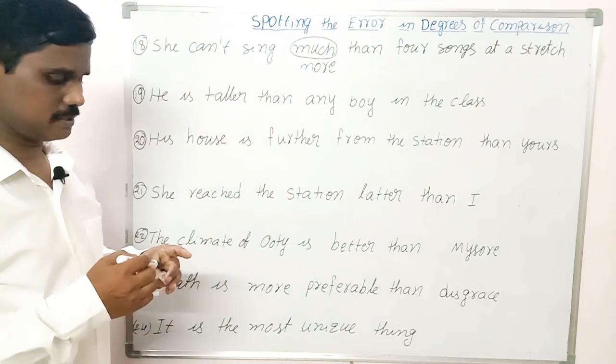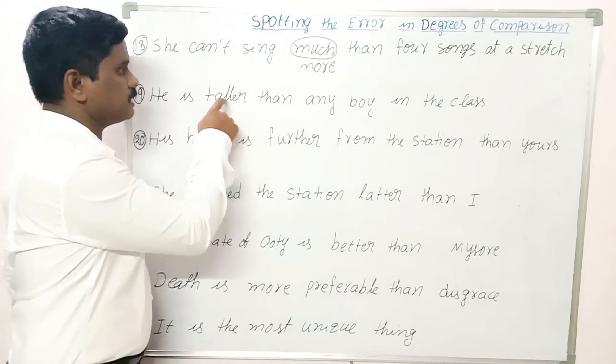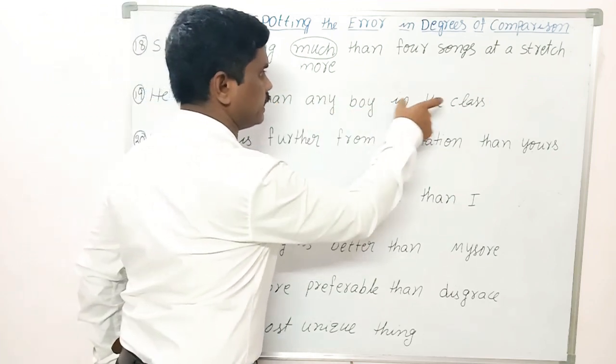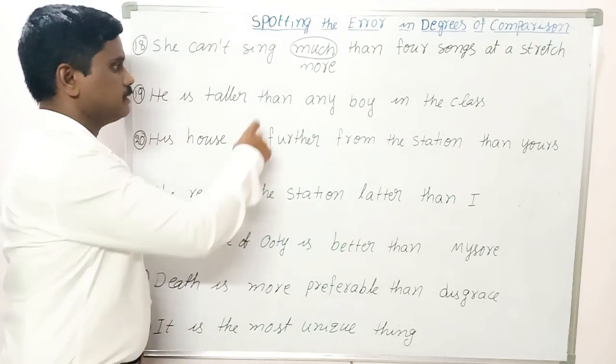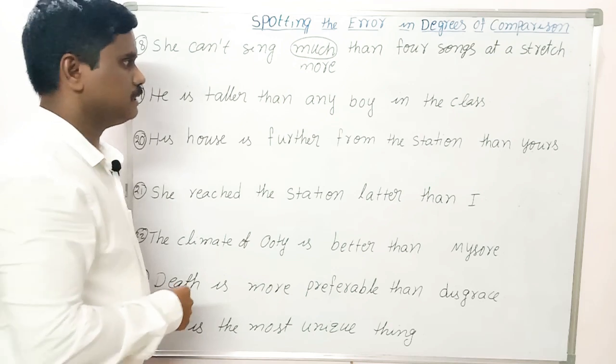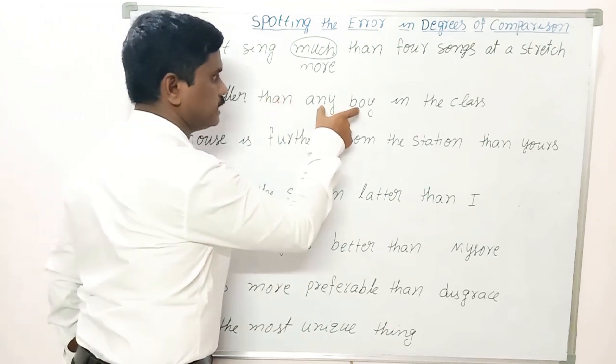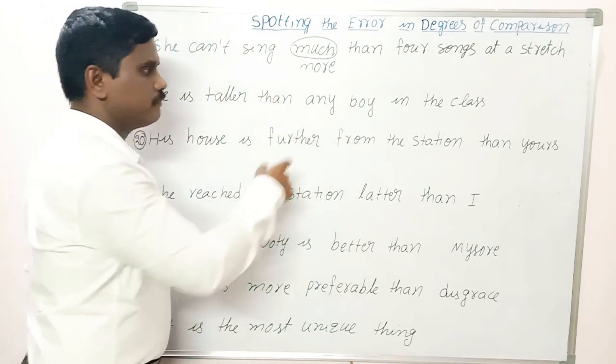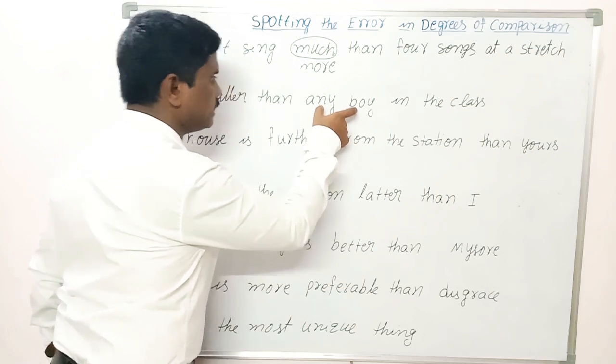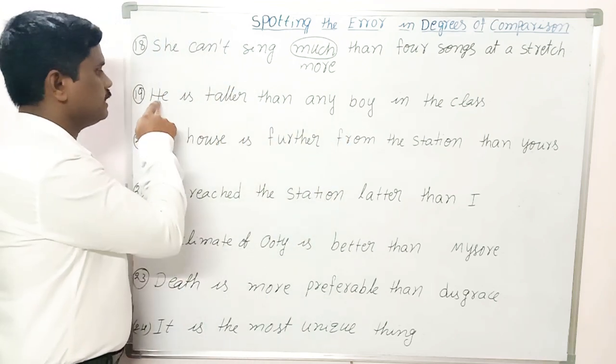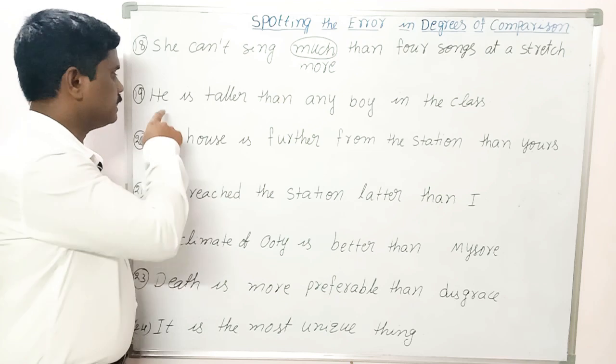Now let us see another sentence. He is taller than any boy in the class. Here than, okay, no problem, but after than, here any boy. If we say any boy, it means he is not a boy, but actually he is a boy.